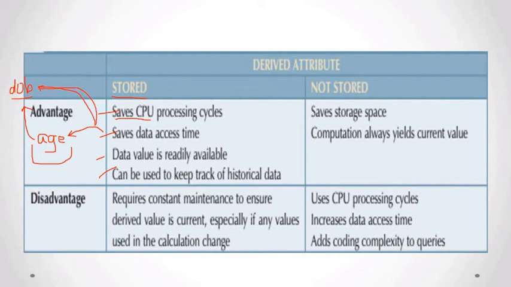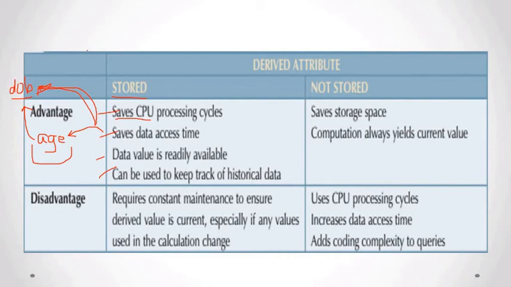It accesses data which is not the one that you need, but you don't have a choice because that's the only way that you can get the age. It will require time to calculate before you have the value. So if it is not stored, it requires more time than if it's there already. Okay, so that's the advantage.